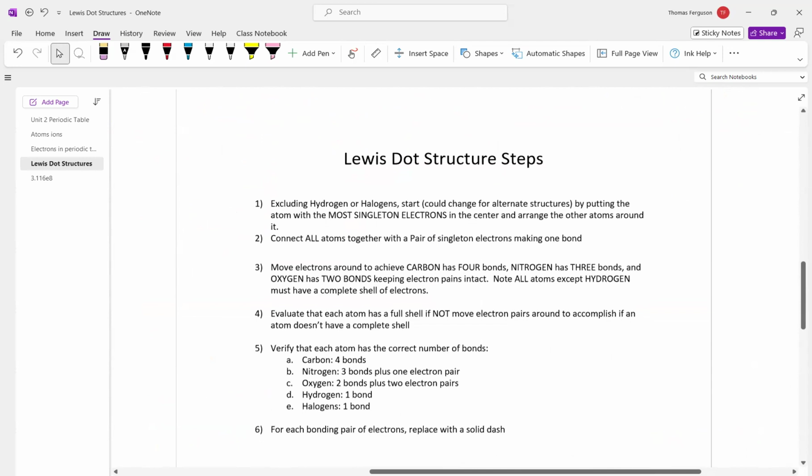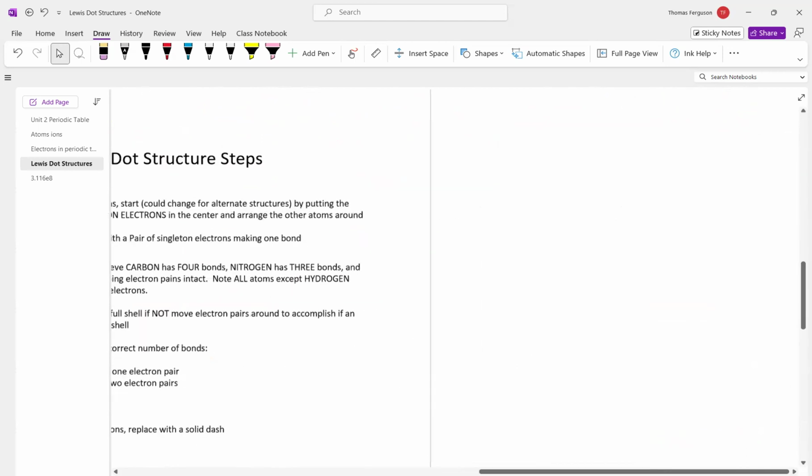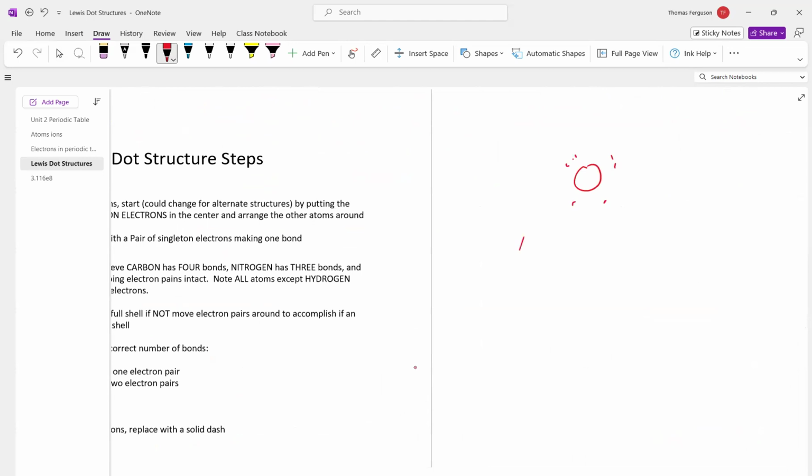Okay, these are the steps for forming a Lewis dot structure. Going back to water, step one is to put in the middle the atom that has the most singletons.